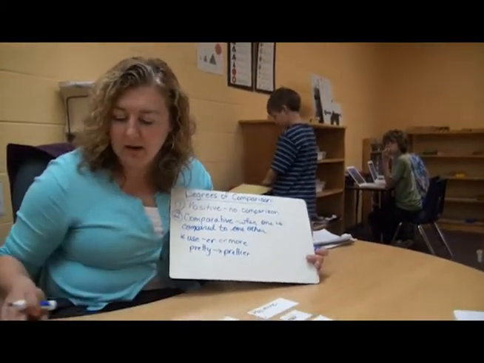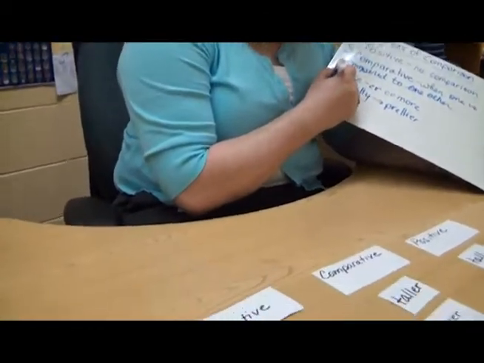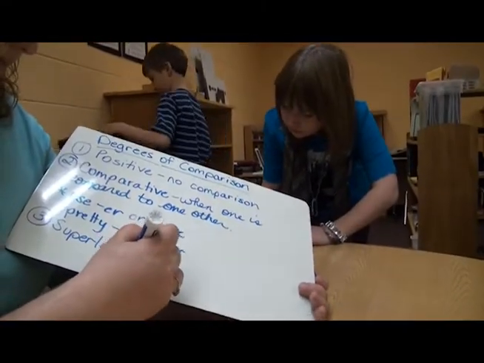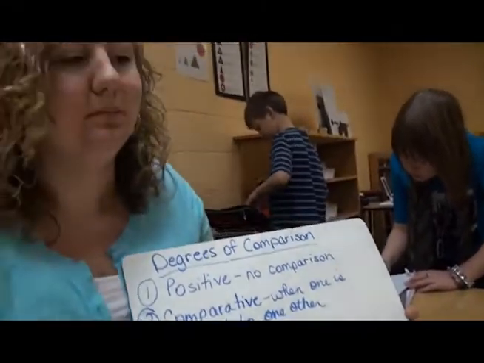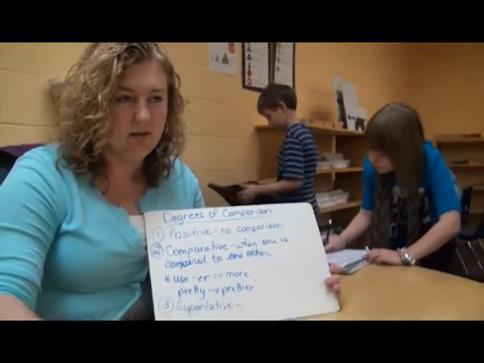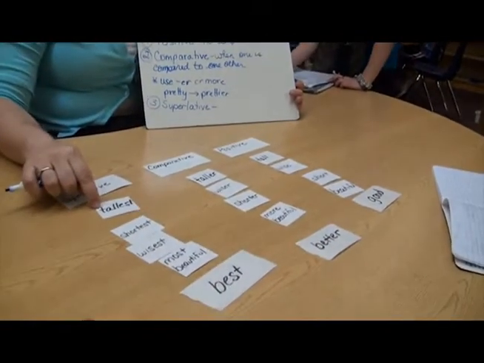Okay. Our final degree is called superlative. Now, we went from tall to taller to tallest. Can you think of an example where you use that word in a sentence?